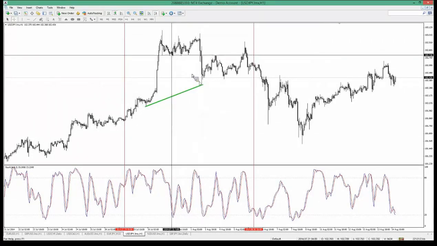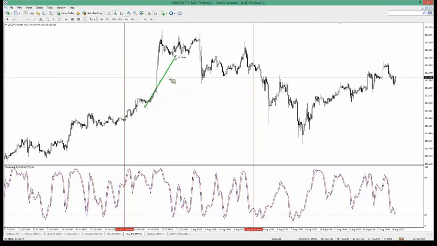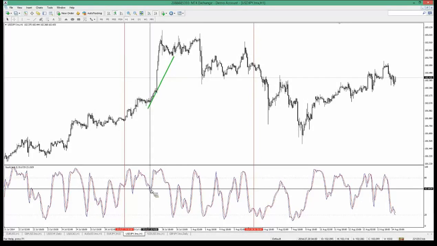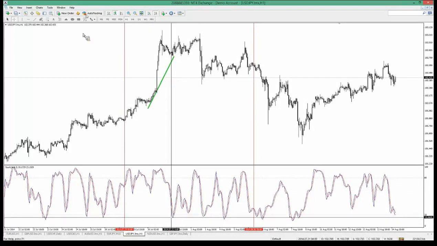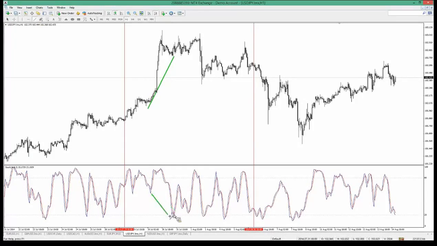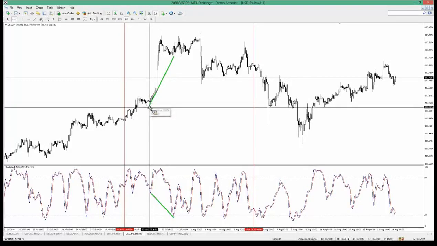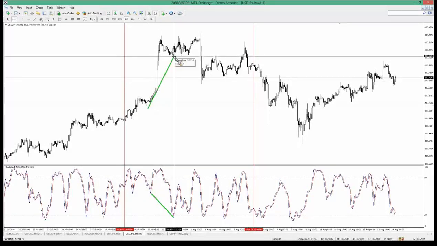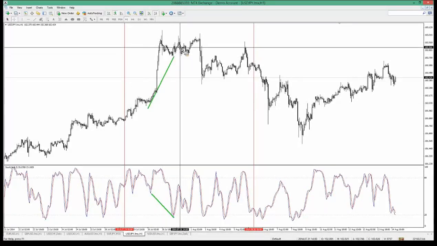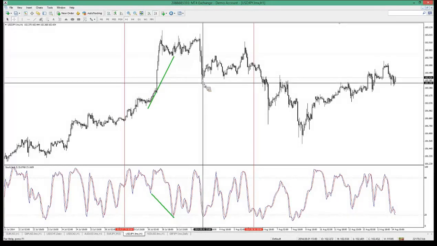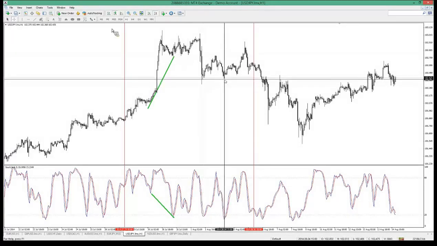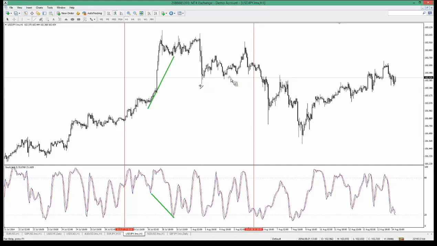No, sorry, there. From there to there. Okay, there's a shallow pullback. Here, from there to there. That one would have been a decent play.